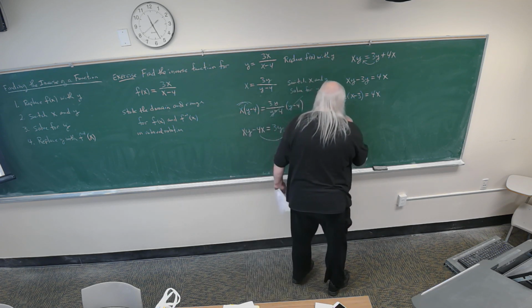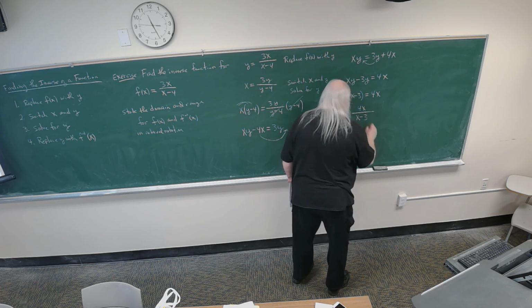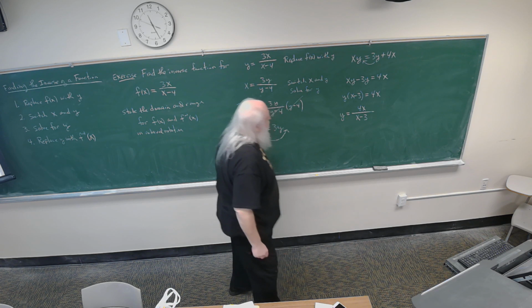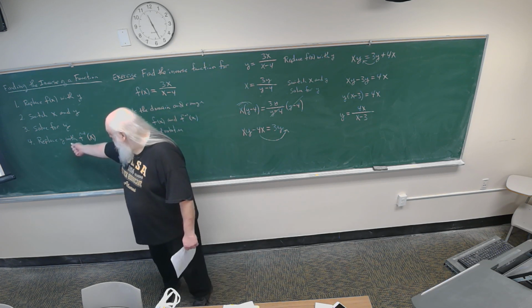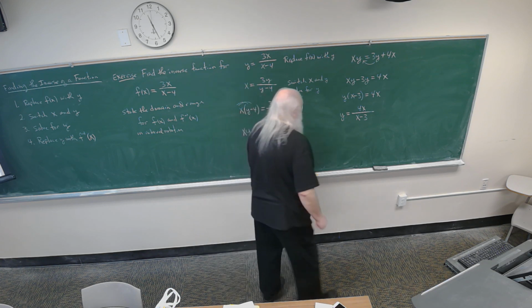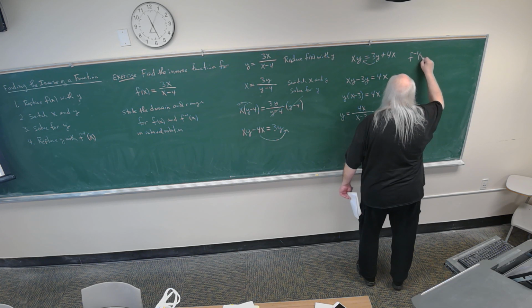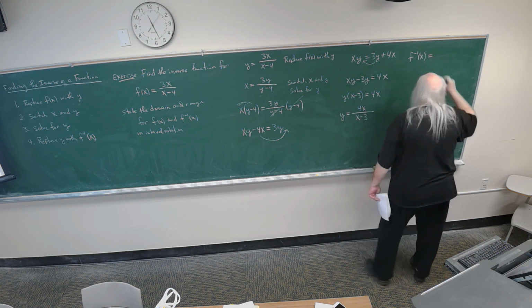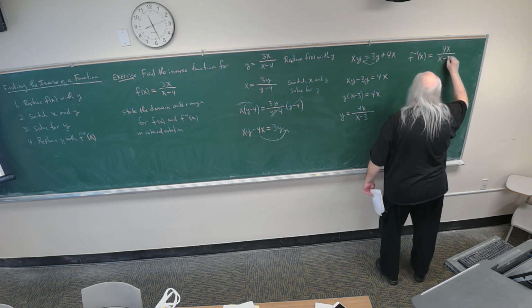And I have y is equal to 4x over x minus 3. And now step number 4, replace y with f inverse of x, and I have the inverse function. So f inverse of x is equal to 4x over x minus 3.